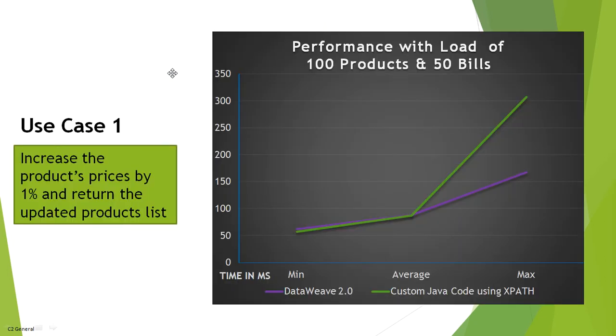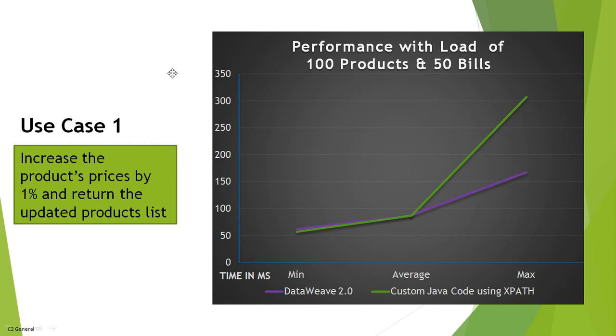The first use case is that we have to increase the product prices by 1% and return the updated product list. So this is a simple transformation on that product XML. And for this particular test, the load considered was 100 products in that XML and 50 bill elements in the bills XML. So in this case, you can see that the average time consumed by Java code and DataWeave is almost similar, though the max time varies a lot.